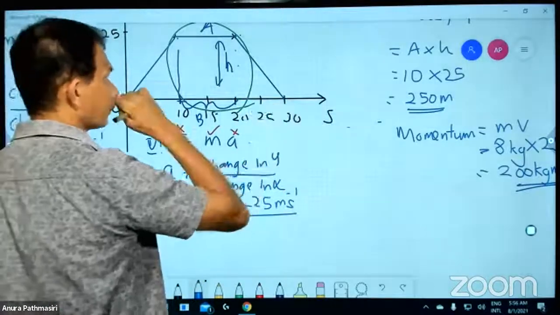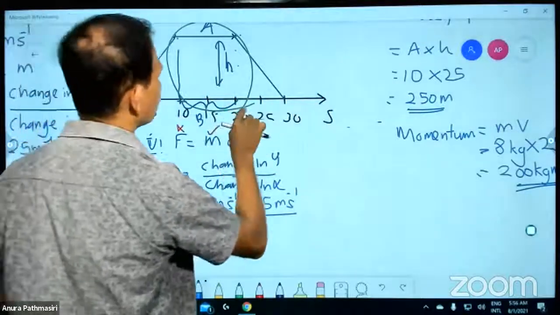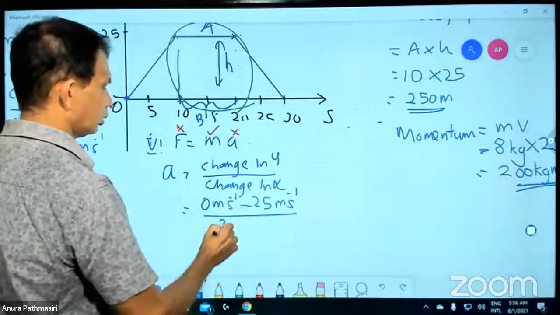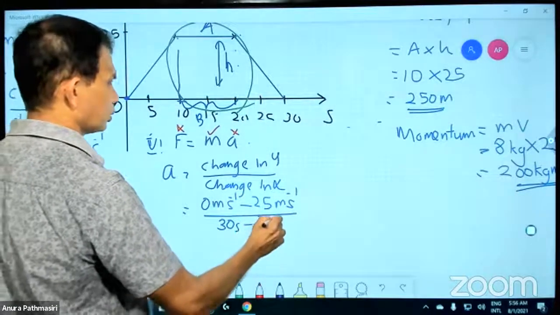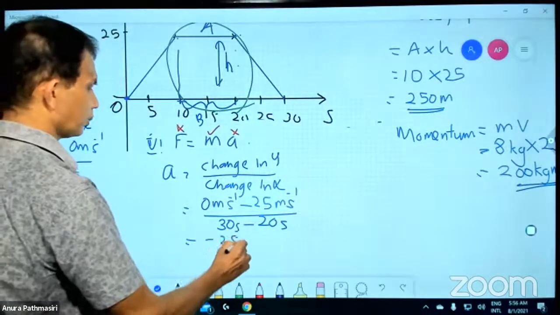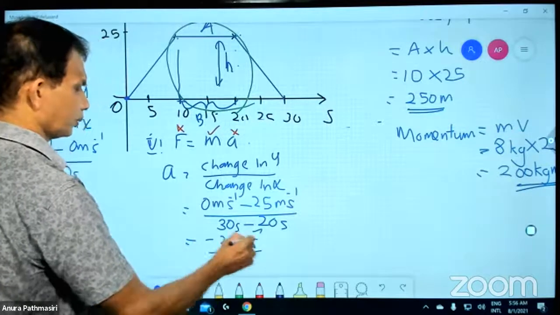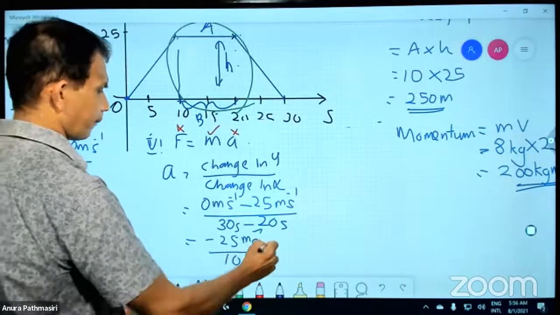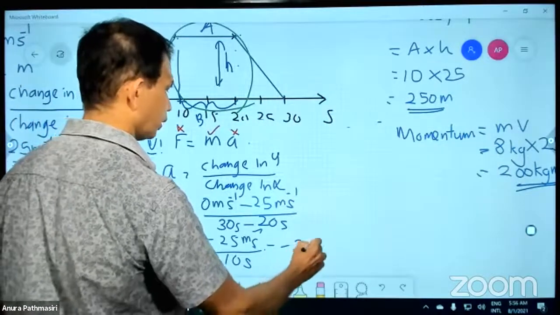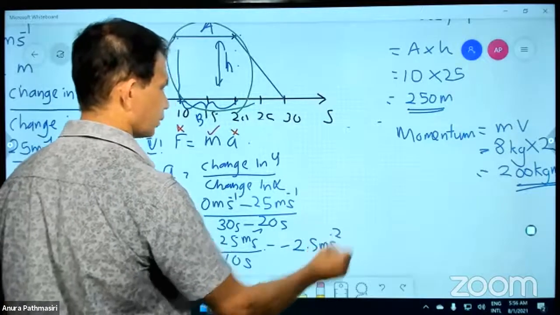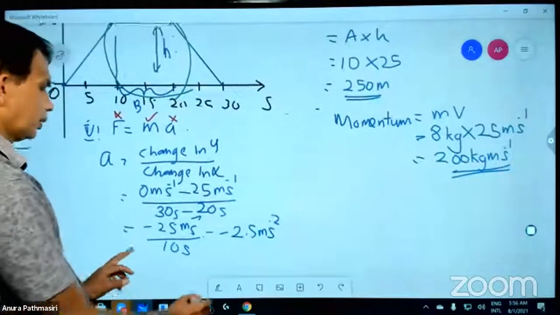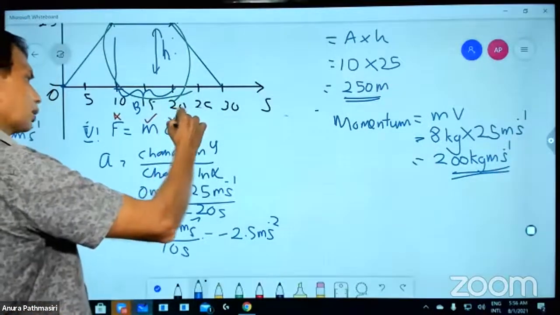Change in x is 10, right? 30 seconds minus 20 seconds. So you have negative 25 meters per second upon 10 seconds. That means negative 2.5 meters per second squared. So the first part is done. That is to find out the acceleration.